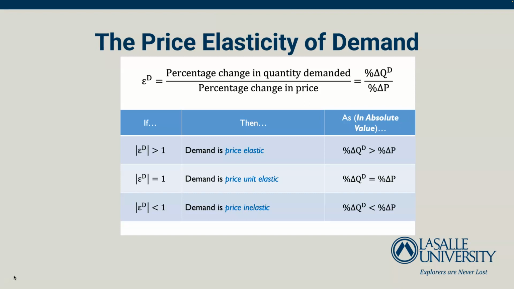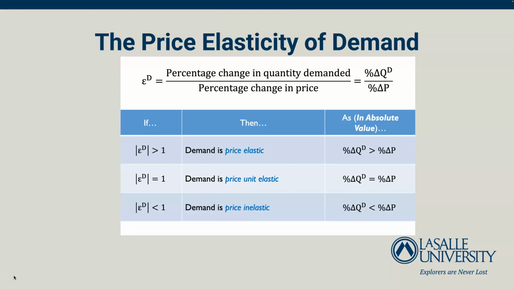Conversely, we have that same 10% increase in price, but only a 4 or 5% decline in quantity demanded in absolute value. The bottom is greater than the top, so that whole ratio is less than 1. And we say that consumers are not very responsive to a change in price, or that demand is price inelastic.